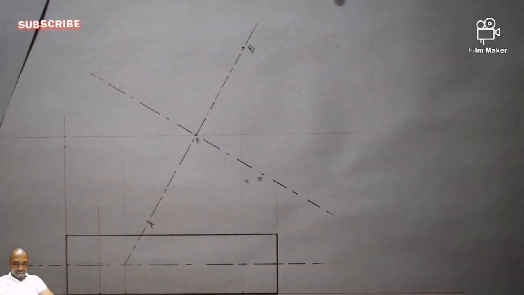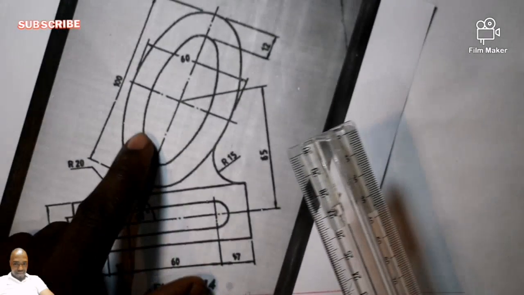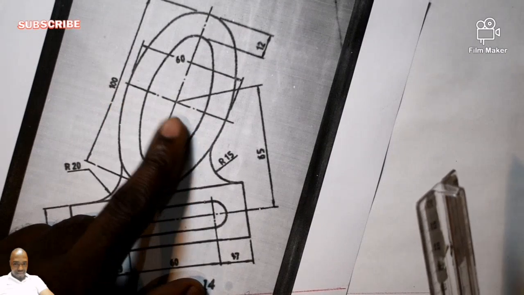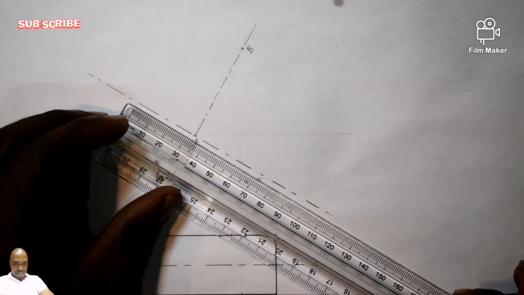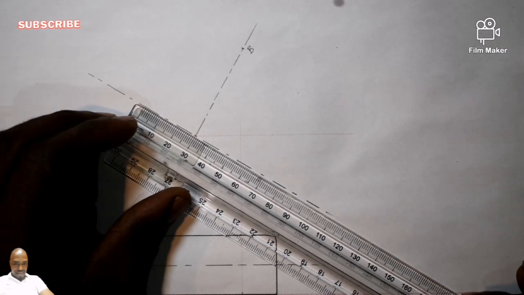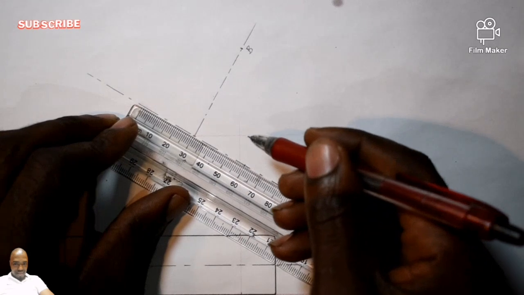So let's get to the minor axis then. The minor axis, they said, is how much? 60. So 60 divided by 2, it will be 30 this side, 30 this side. Stand up again. There it is. So I mark it 60.